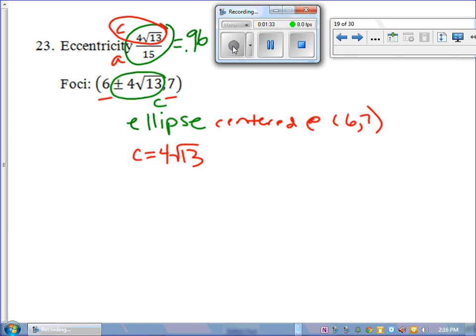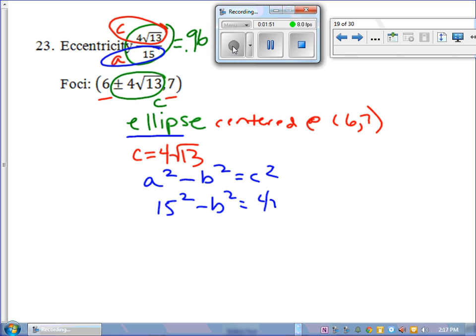So now we need to figure out what B is. Because we have an ellipse, the formula is going to be A squared minus B squared equals C squared. A is the denominator of the eccentricity, so A is 15. And C is the numerator of the eccentricity. Remember to put parentheses around that entire term, 4 radical 13.